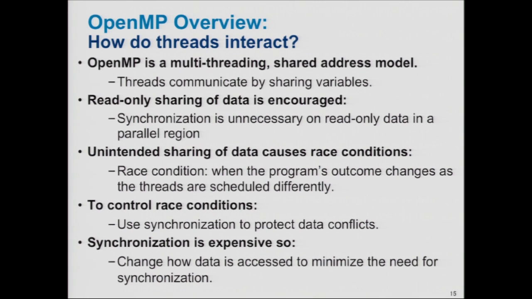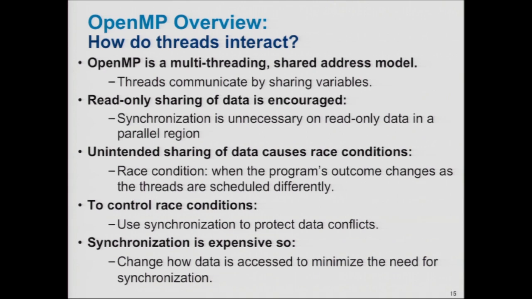In general, if you're only reading the data between multiple threads, that's a good thing. You don't have to synchronize accesses if you're only reading it, because there's no chance of getting conflicting data written, or trying to read data and not getting back the most recently written data.